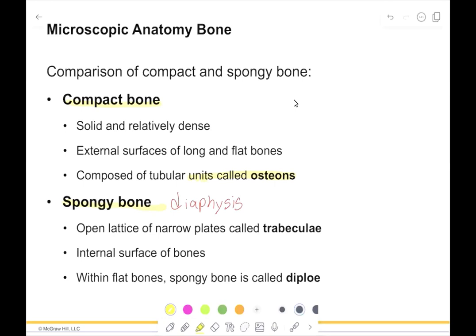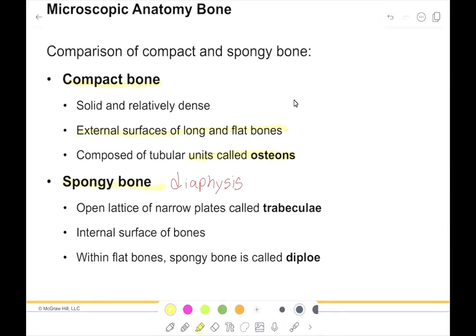It's on the external surface of long and flat bones. The spongy bone has specialized units on it called trabeculae, and in flat bones, it has a structure called diploë, which is sandwiched between the two layers of compact bone.